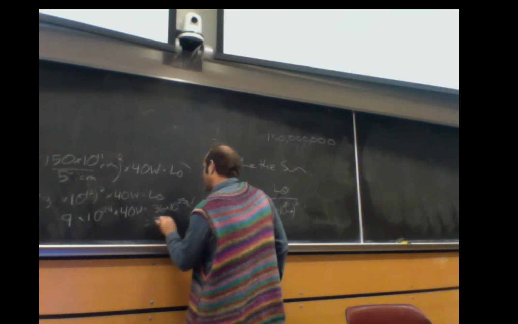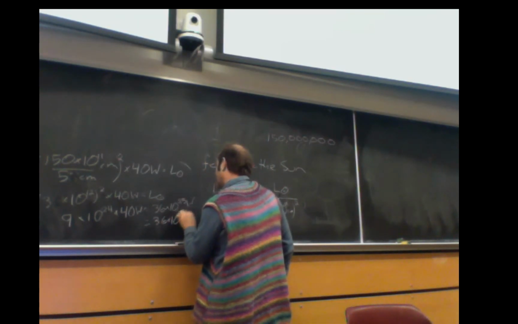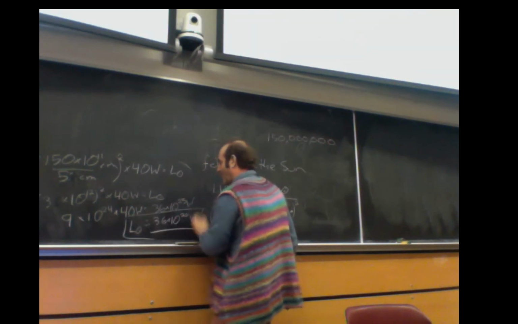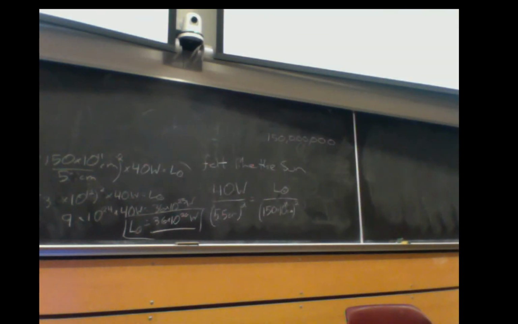So 3.6 times 10 to the 26 watts is the luminosity of the sun from our friends here in the room. Does anyone, there's someone with a computer there? Can you type in Google luminosity of the sun and see what you get?